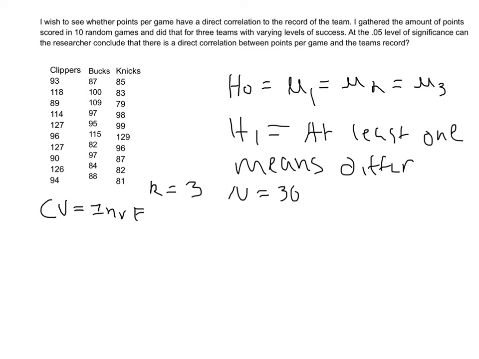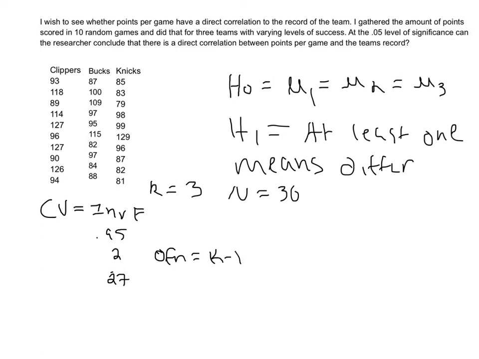And the reason you need K and N is because one of your inputs is 0.95, and the next for this problem is going to be 2 and 27. But to get 2 and 27, you have to know this formula, the DFN, which is K minus 1.